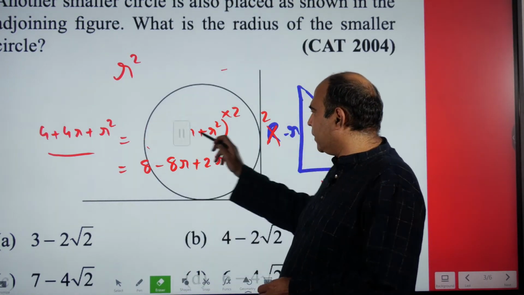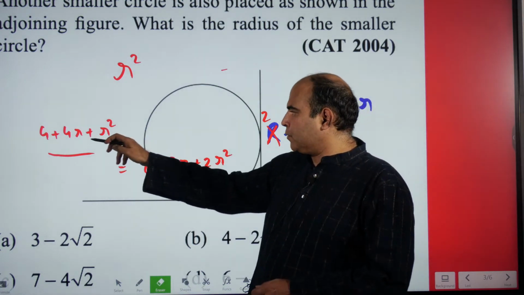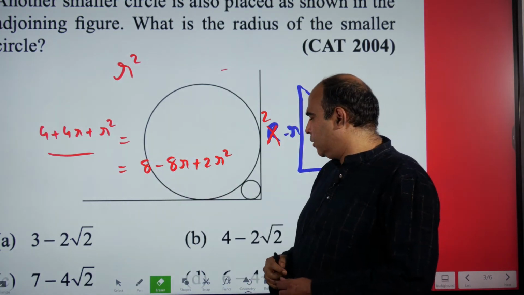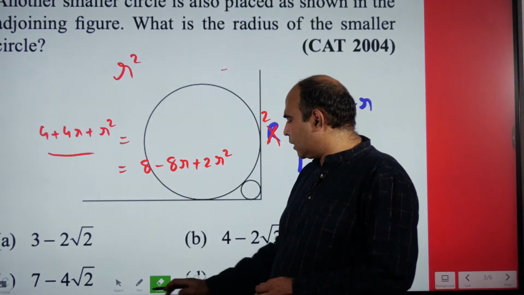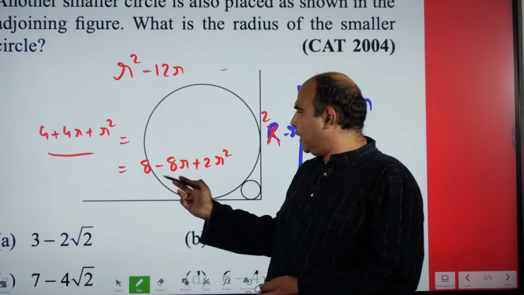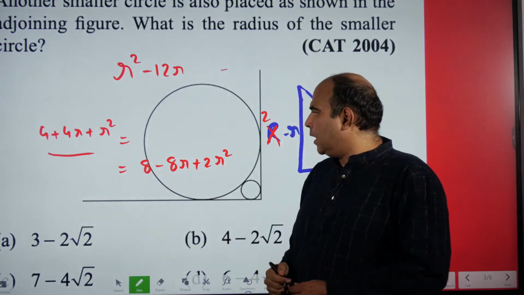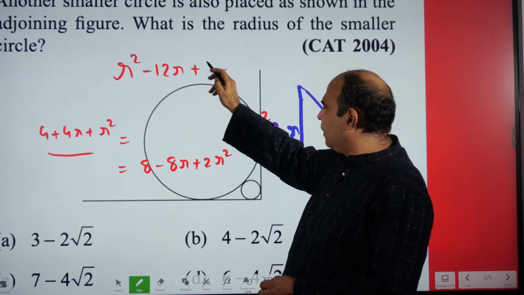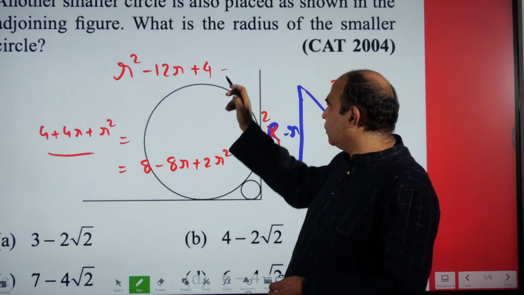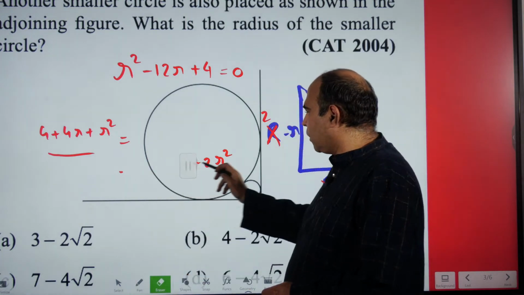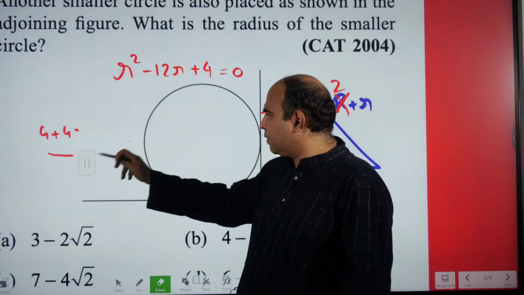You basically have this equation now. 4 plus 4r plus r square is equal to 8 minus 8r plus 2r square. तो इसको अगर इधर लोगे तो you'll get r square minus 12r, 8r minus 4r, and this is plus 8 minus 4, so plus 4 is equal to 0. This is your quadratic equation, and the roots of this quadratic equation will be the value of r.